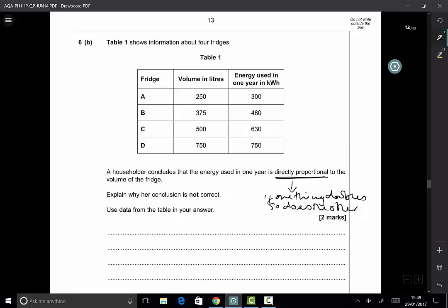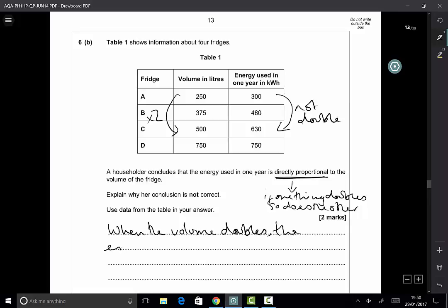So let's look for a doubling. We've got doubling of the volume here. And I can tell you just by looking at it that double 300 is not 630. So I can say when the volume doubles, the energy used does not double.